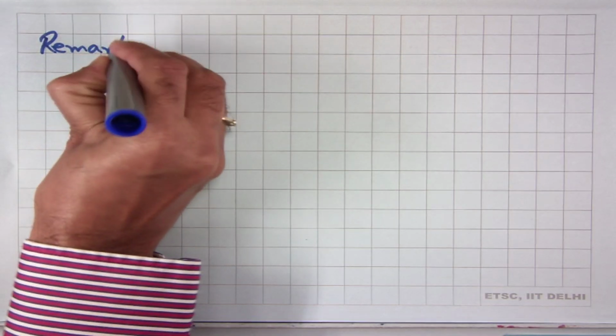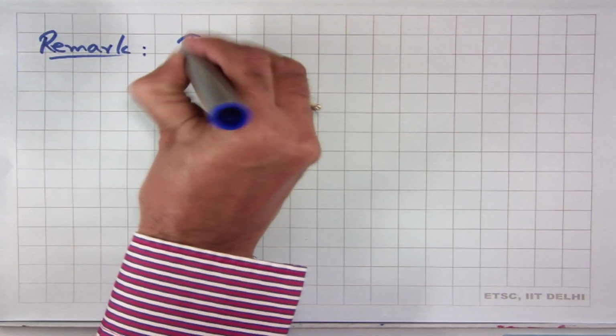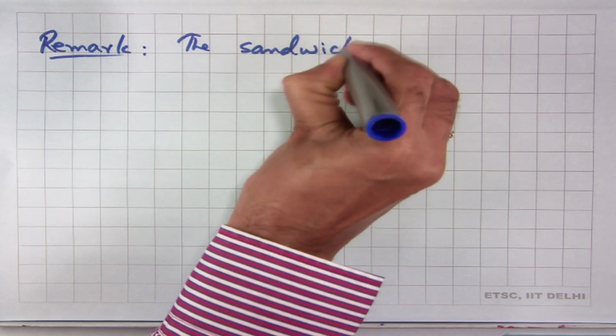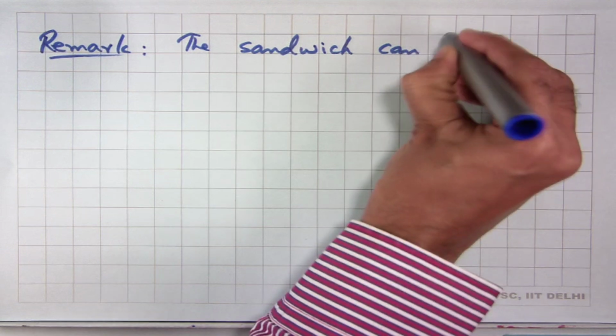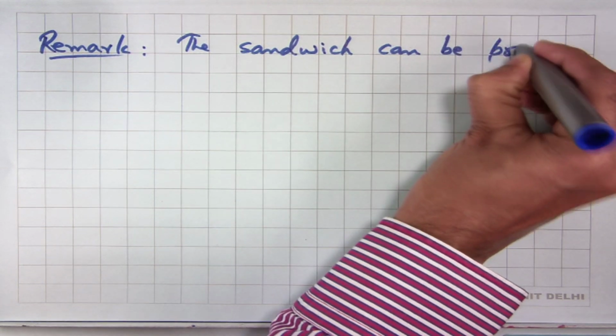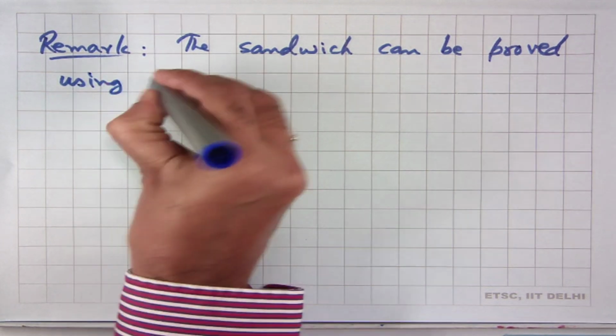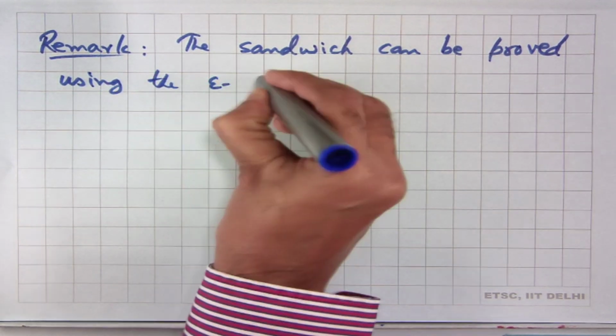So, remark: the sandwich theorem can be proved using the epsilon delta definition.